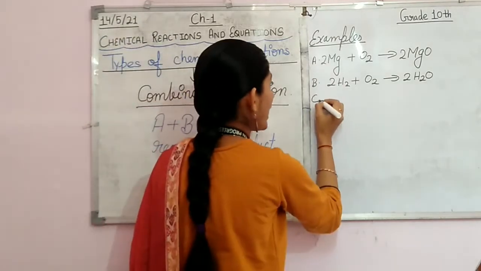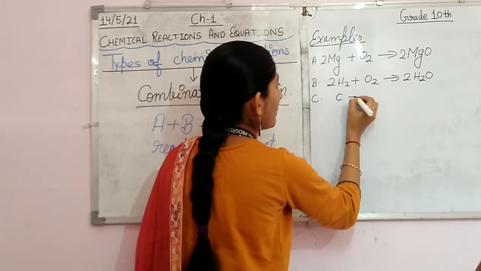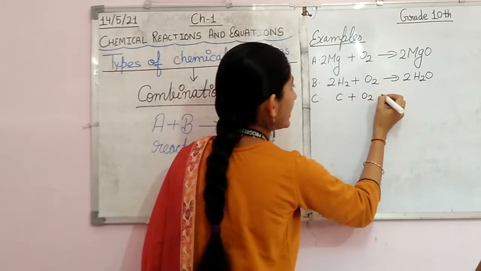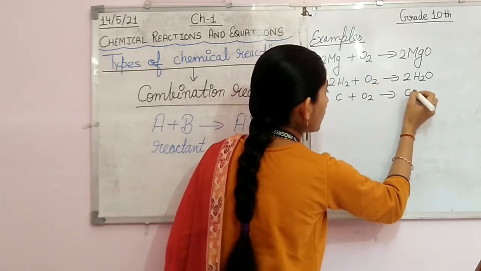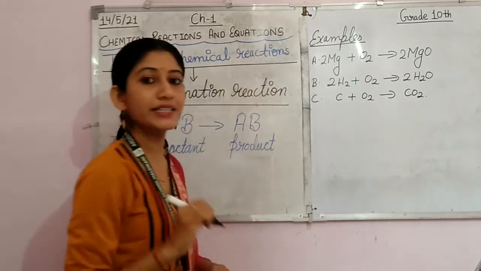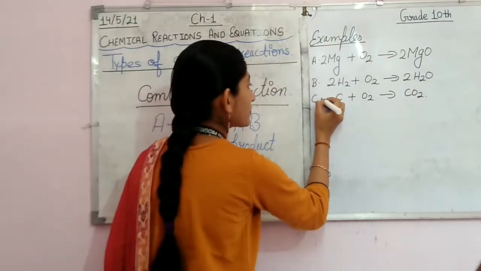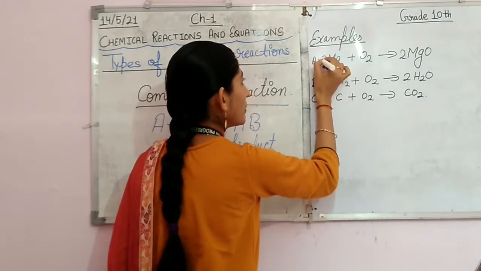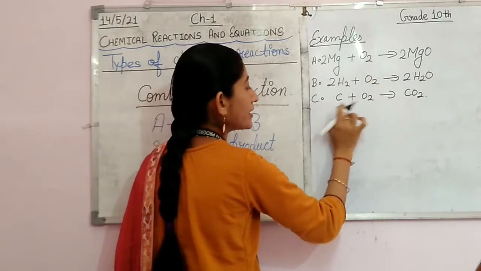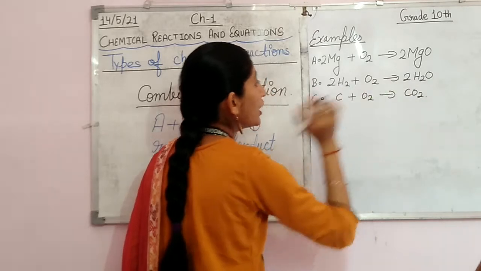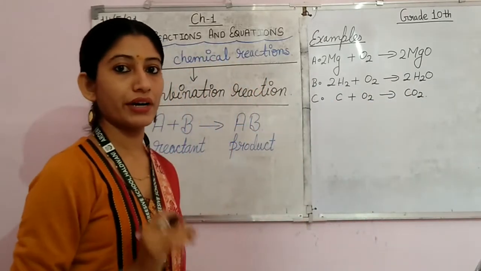Similarly, suppose we have C plus O2, which changes into CO2. This is also an example of a combination reaction where two reactants combine with each other to form a single product, right?